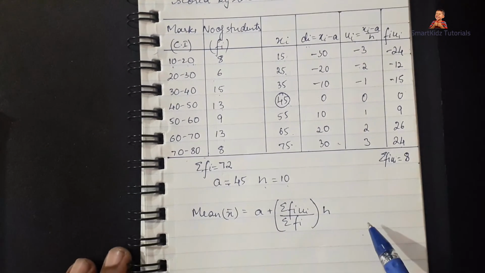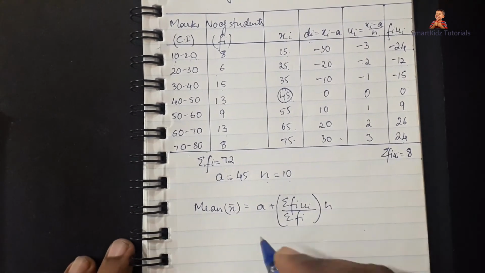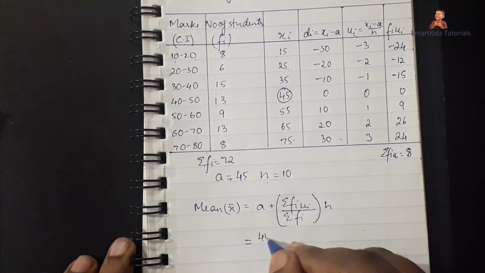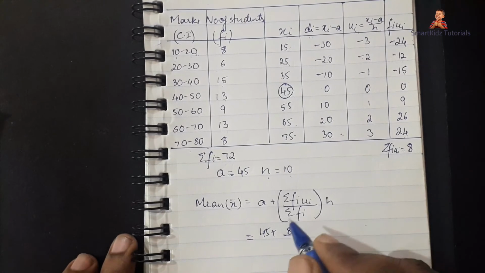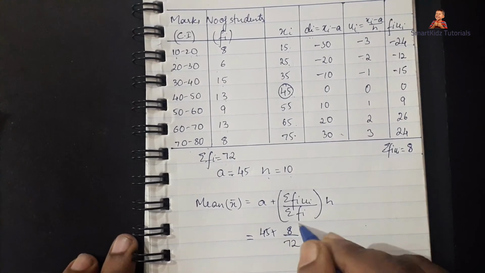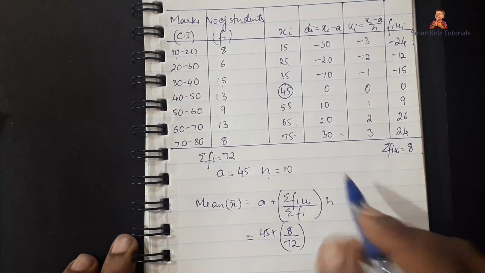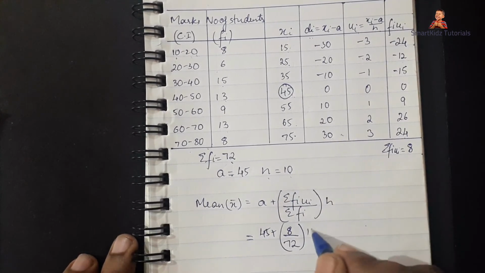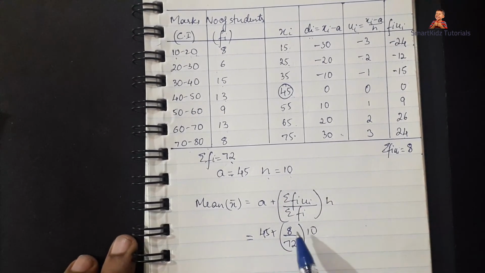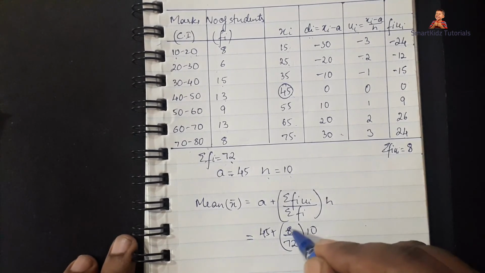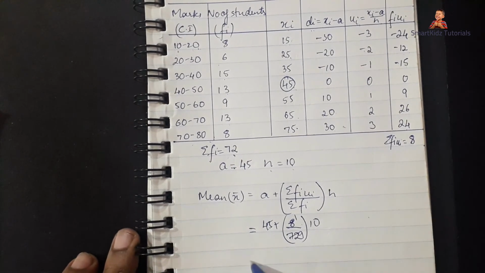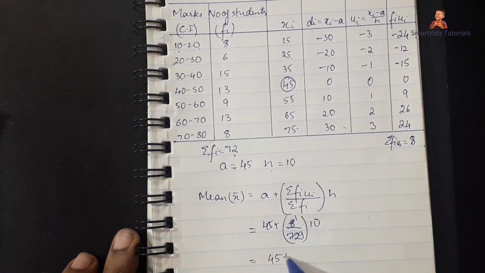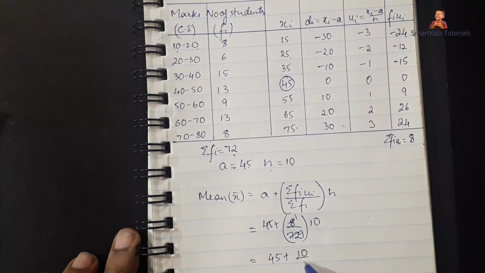So let us put these values and see what we get as our mean. a is 45, sigma fi ui is 8, upon sigma fi, which is 72, in brackets, and h is 10. Do not go to add 45 to 8; first solve this operation over here. 8 ones are 8, 8 nines are 72, so that would be equal to 45 plus 10 upon 9.